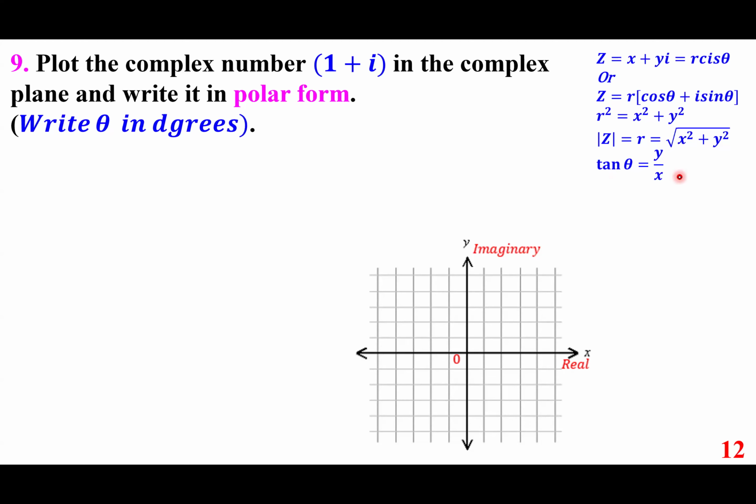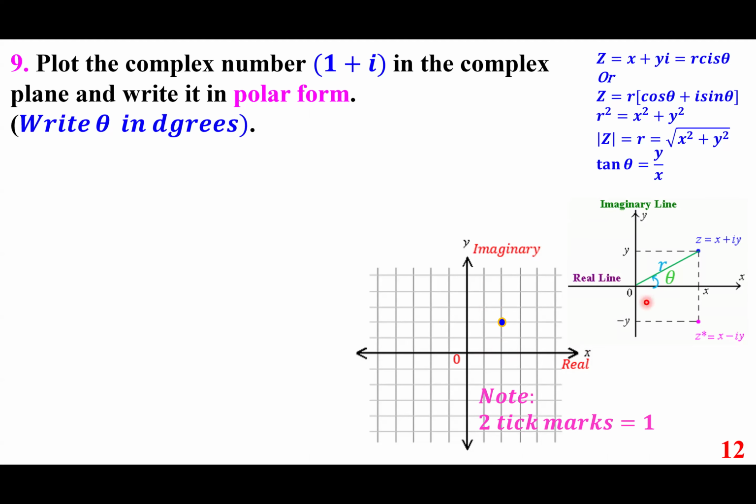So you go one to the right, one up, and we're going to go perhaps with two tick marks being one, because again, this is small. So two to the right, two up, two tick marks representing one, okay? First, I want you to notice that. Now, if you look at this one, everybody, this is r, this is theta, z is x plus iy, and this is z bar or z star.